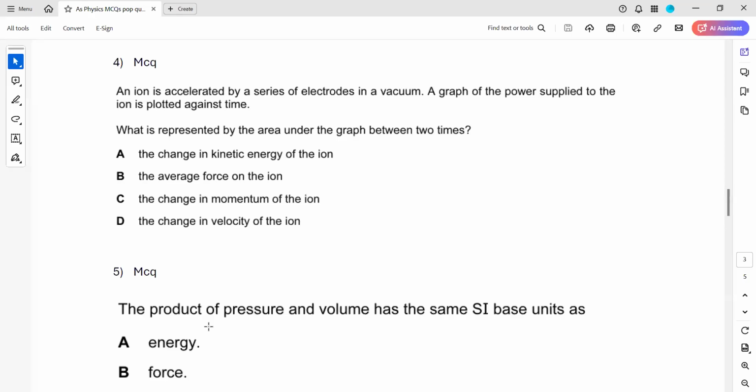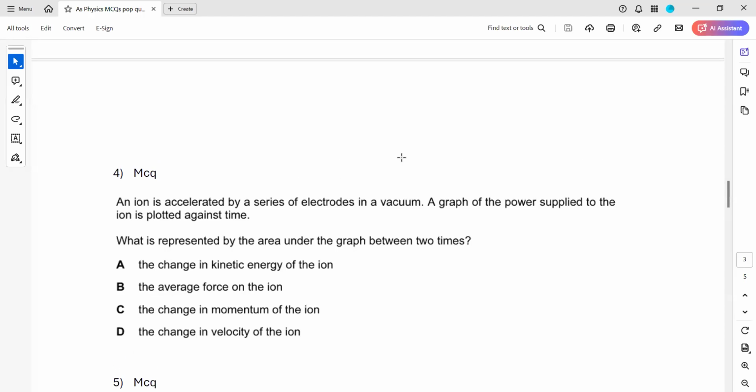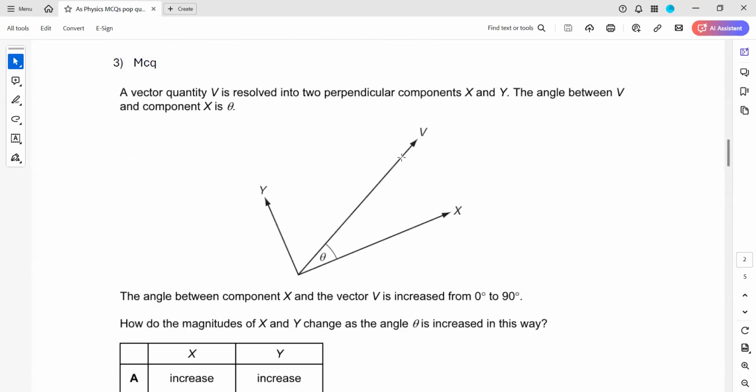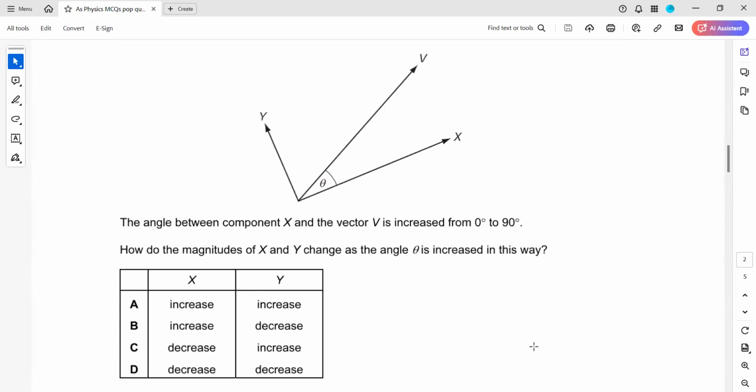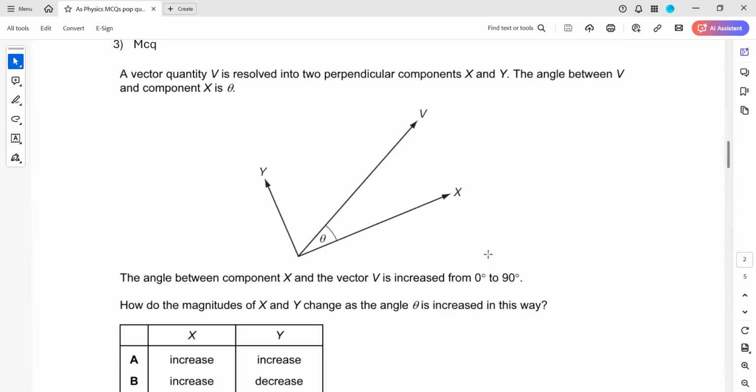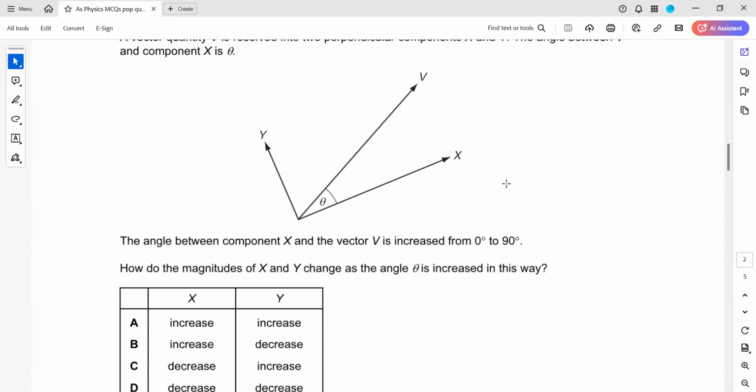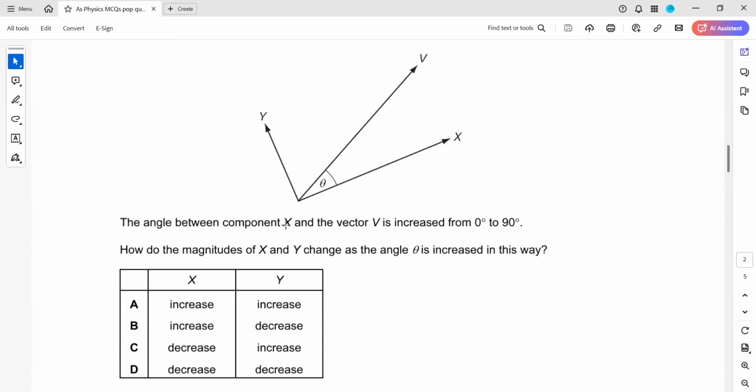Question three, okay. In question three, a vector is resolved into perpendicular components x and y. The angle between the v and the theta is shown. How do the magnitudes of x and y change as the theta increases from 0 to 90?